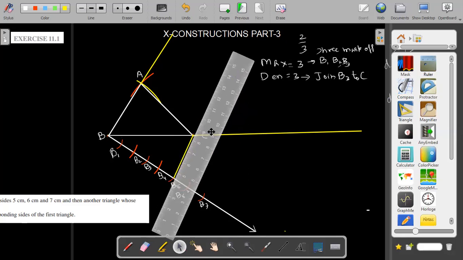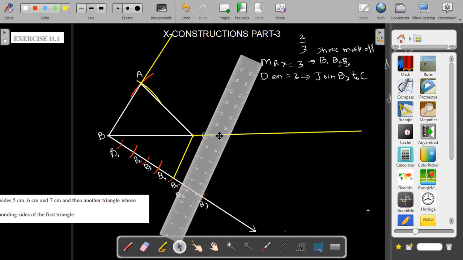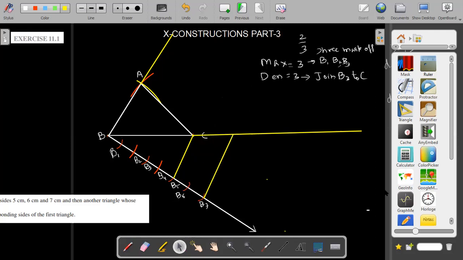Now this is parallel, so I can keep it here. So I get a parallel line, joining B to D, this point. But as I told you, you have to show that you have taken the angle.